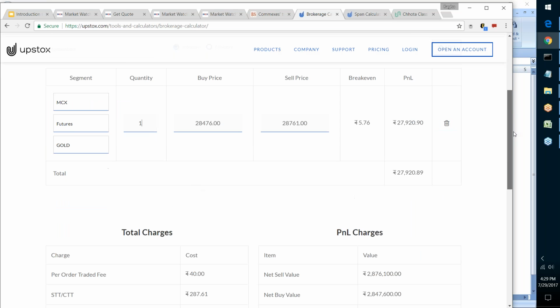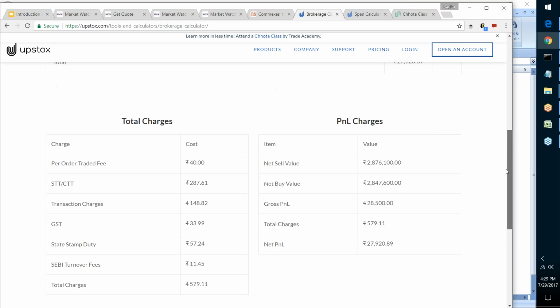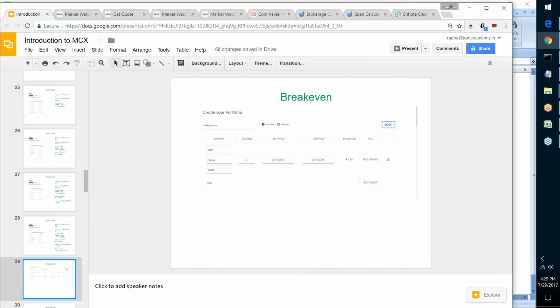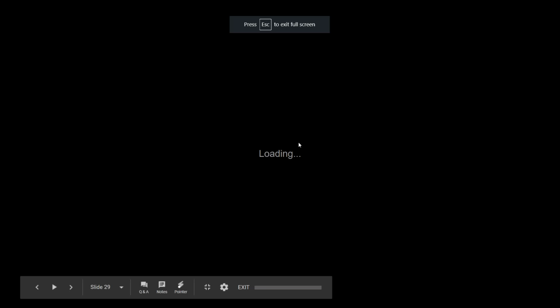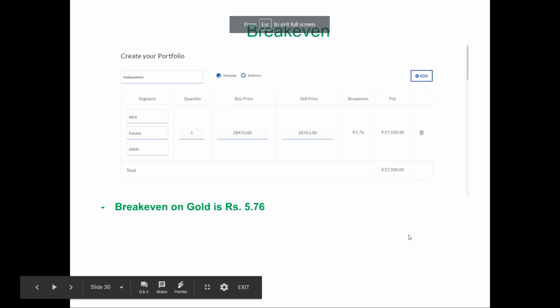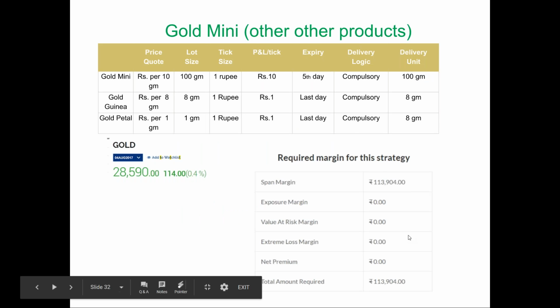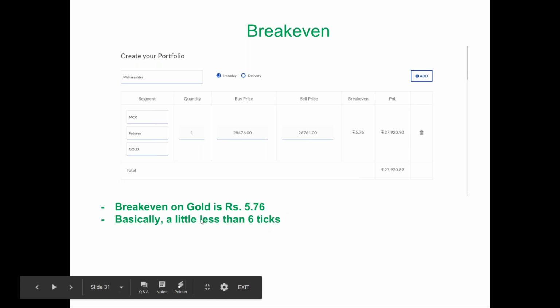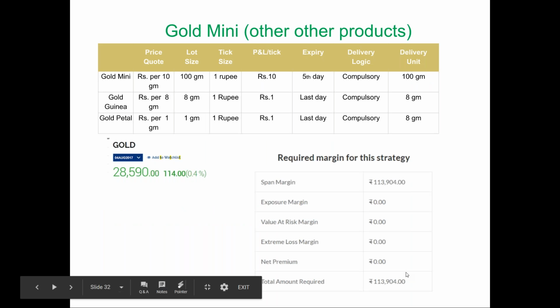If I do one lot, my break even is 5.76, so basically a little less than 6 ticks. You should keep this in mind, because you have to factor in your brokerage costs and everything else. Of course, here I'm assuming that you're trading on Upstocks Pro.